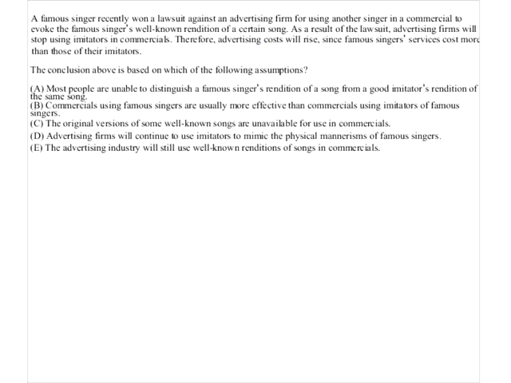But let's go ahead and do the reversal method here. The most popular choices were B and E. So let's use the reversal method on those choices. For choice B, the choice says commercials using famous singers are usually more effective.